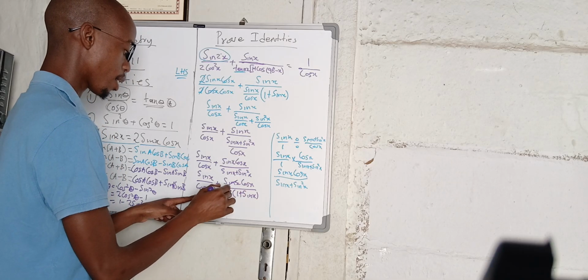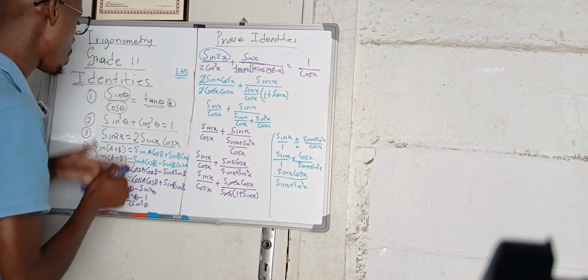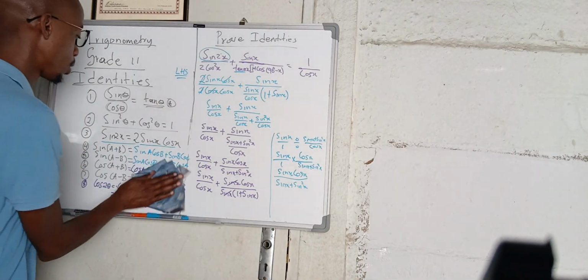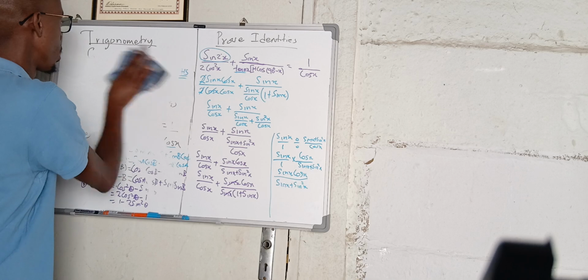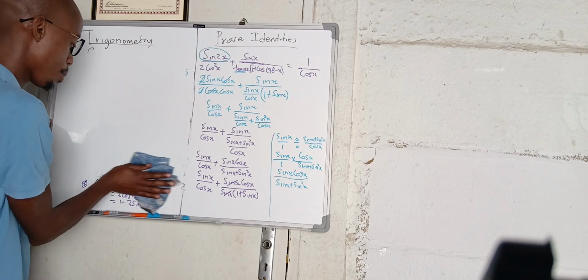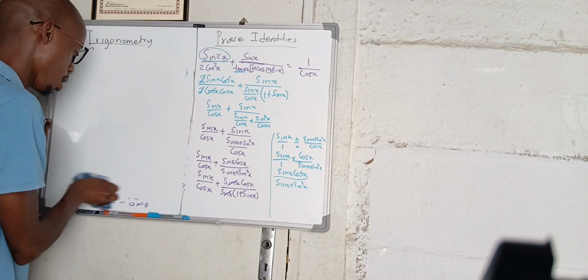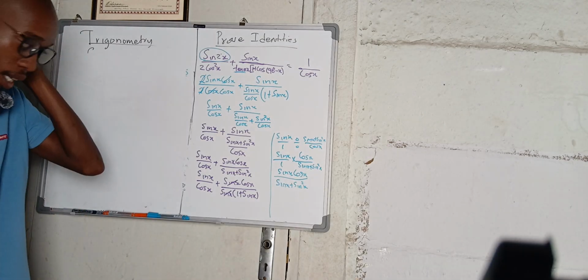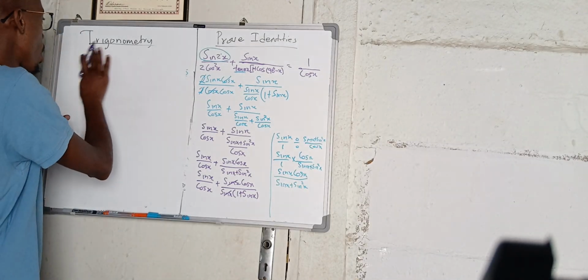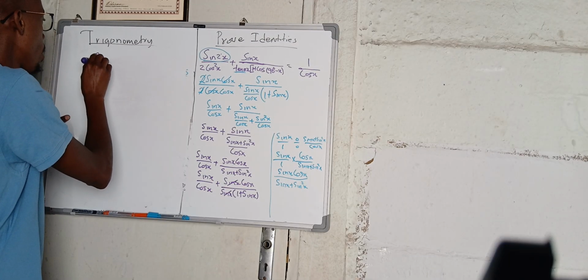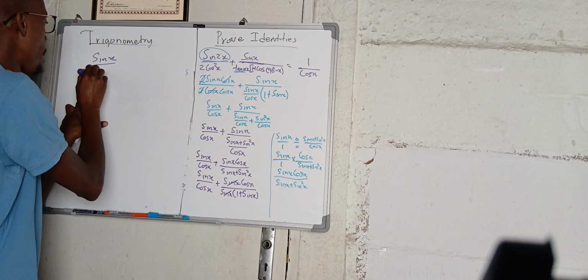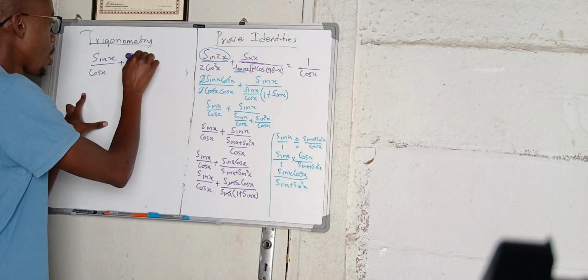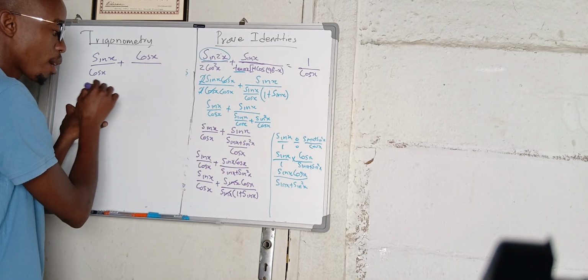So this sine can cancel that sine. So let me erase this part, in order for me to get enough space, and then I'll write everything on this side to get sine x over cos x plus. I'm left with what there? Cos x. Underneath, what is it that I'm left with?